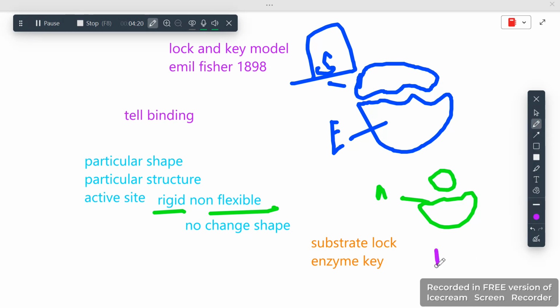If I have this as the lock, the lock is known as the substrate, and the key I will be inserting into it is the enzyme. So the lock and key model tells us that every substrate needs to fit the enzyme's shape, because the active site will not change its shape or structure just for that substrate.